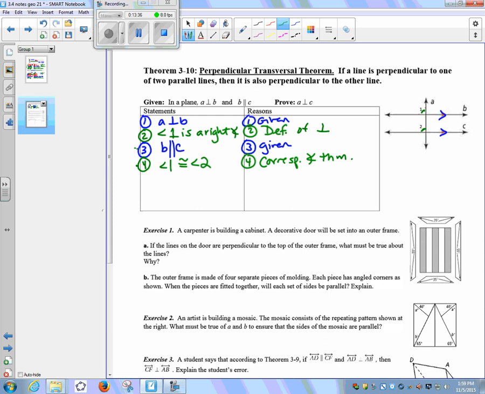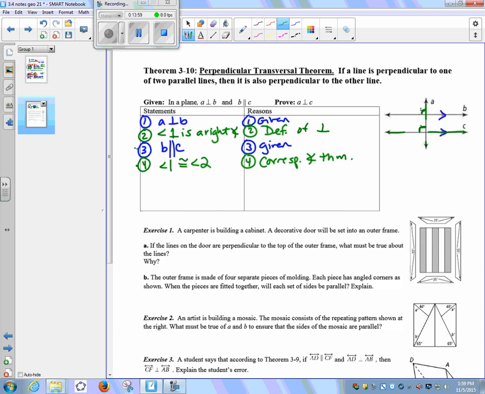Now, I want to be able to say that A is perpendicular to C. So what I want to be able to do is say that this is also a right angle. I really can't go to that yet.